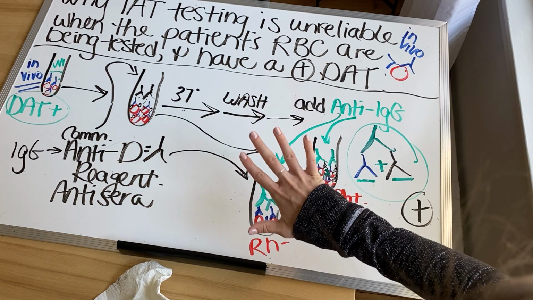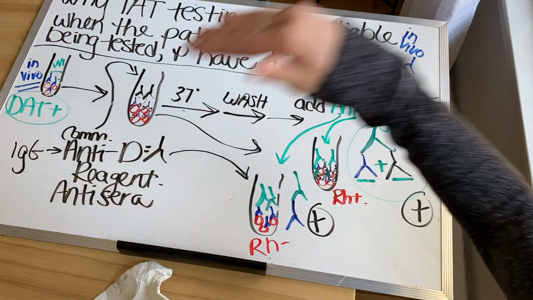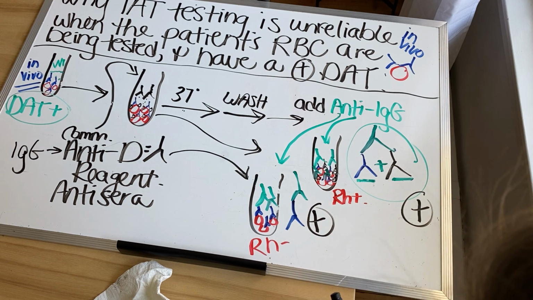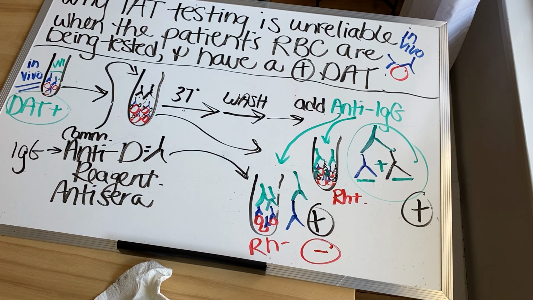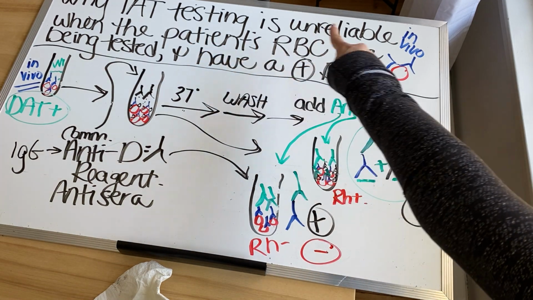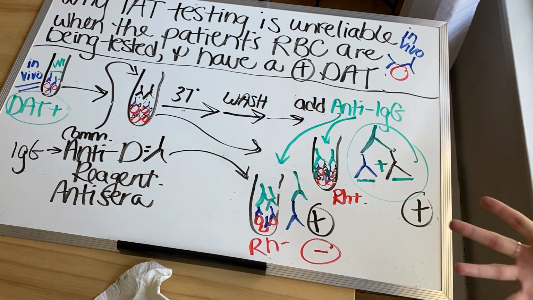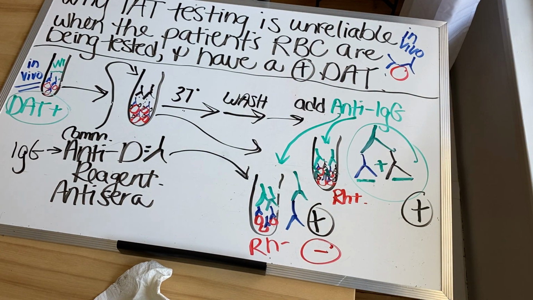But under normal circumstances with a negative DAT, if the antibody was never coating, under normal circumstances where results could be reliable, this should have come up negative because there should not have been any anti-D left over. It should have been washed away. So this is why IAT testing is unreliable when the patient's red blood cells are being tested. They're being tested here. They're being tested for an antigen, the D antigen, but they have a positive DAT already.